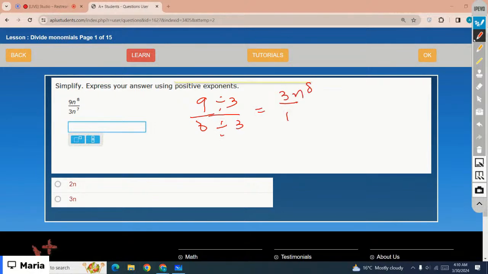Here you have n8 and here you have n7. So you can write it as n8. You can subtract this one here, right? So that is 3n, because 8 minus 7 is 1.